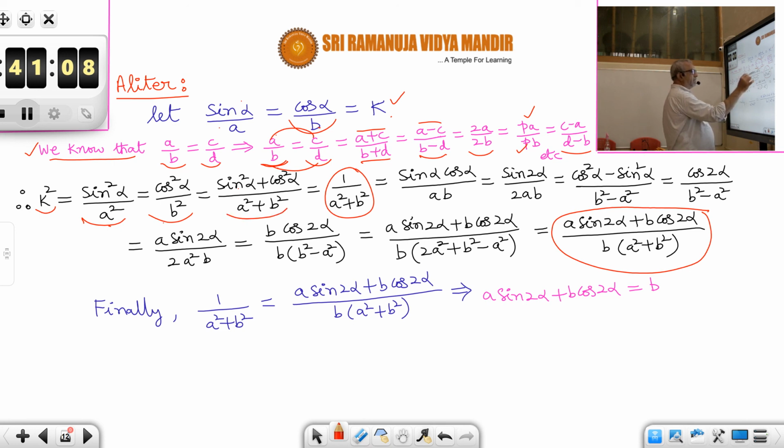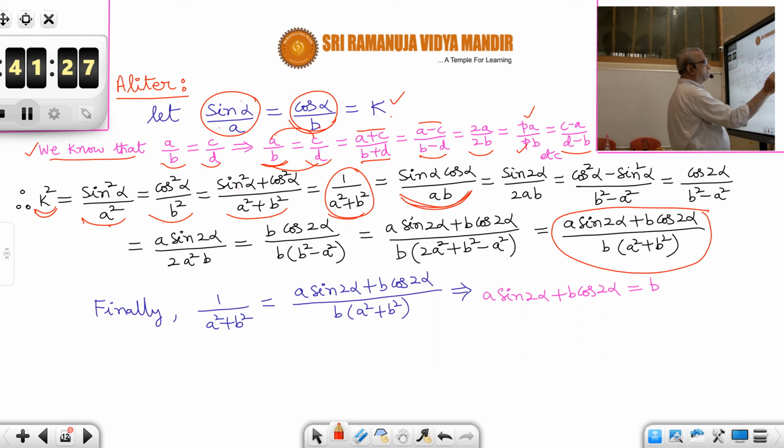In the next step, sin square alpha plus cos square alpha is 1. So 1 by a square plus b square. Here I am considering k square, is it not? K square is k into k. For one k I have written sin alpha by a, for another k I have written cos alpha by b. So sin alpha into cos alpha by ab. This is very important. How have I written this?